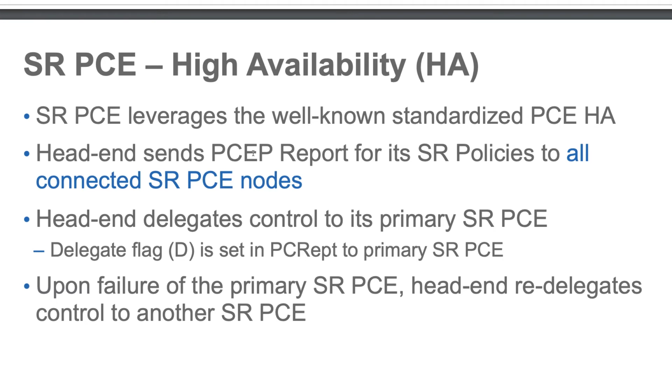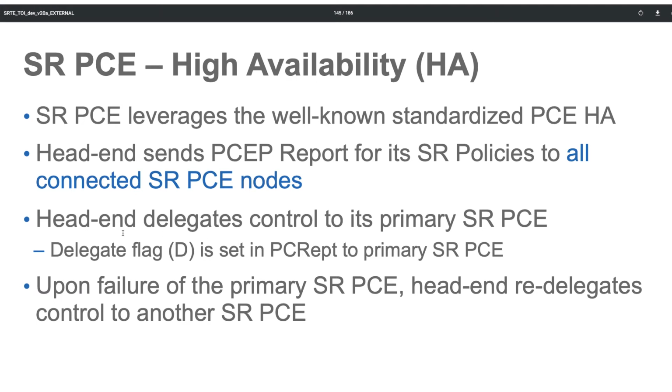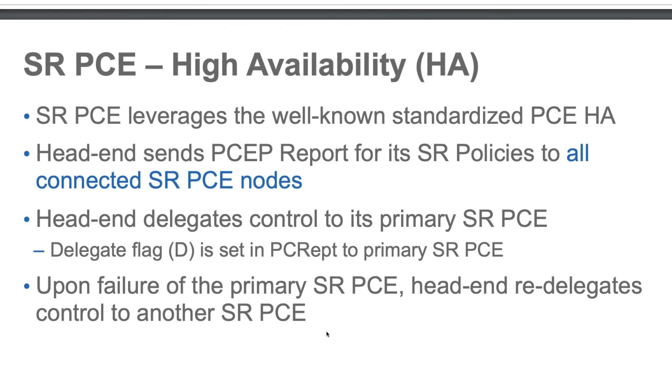When we send this PCEP report, there is a flag that is set, called the delegate flag, denoted by the bit D. This is set in the PCEP report that is sent to the primary SRPC. Whenever there is a failure of the primary SRPC, the headend, our PCC, will redelegate control to another SRPC. That is as simple as the mechanism.